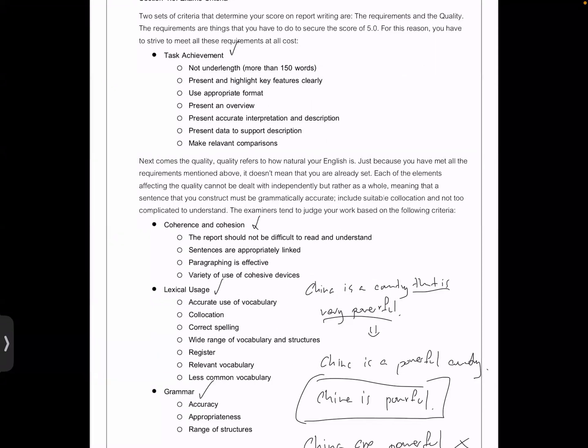In order to highlight any key features, you have to be able to make comparisons. And with all the key features, you need to back them up with the supporting data. So basically, numbers. Coherence and cohesion, you have to show them a good idea development. So you start off with an overview, basically an overall claim of the entire plot.